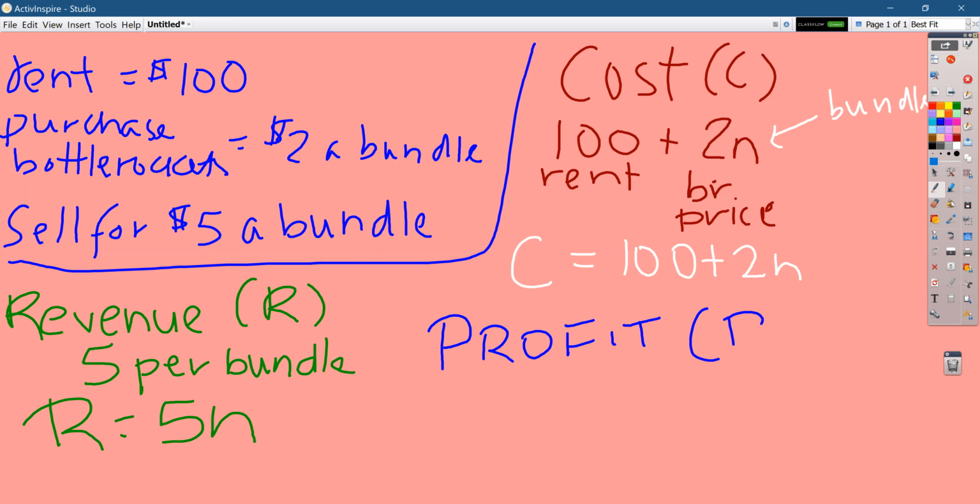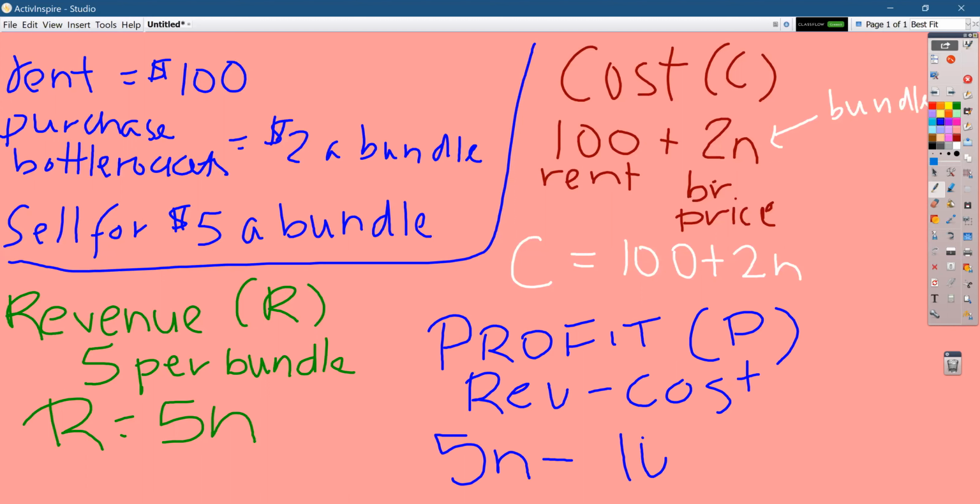Remember, that's going to be P. P is for profit. To make a profit, it's always revenue minus cost. So we have 5N, his revenue, minus his cost, which is 100 plus 2N. But remember, that's a binomial. We're subtracting the whole binomial, so it has to be in parentheses, and that's going to give us our profit.